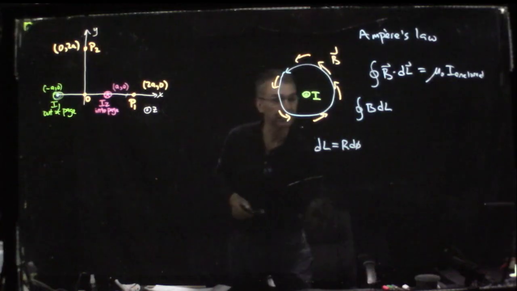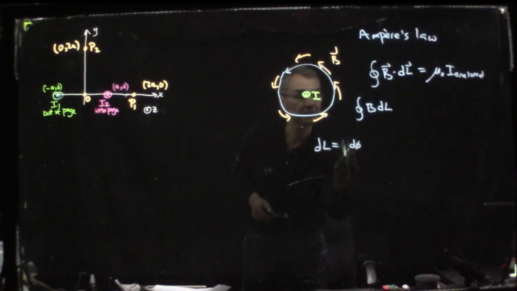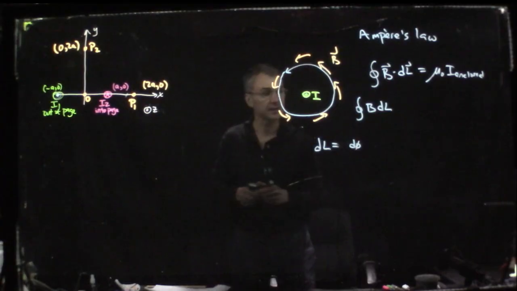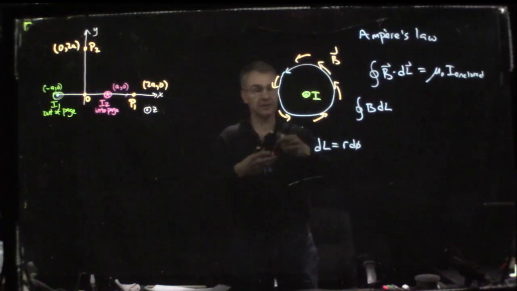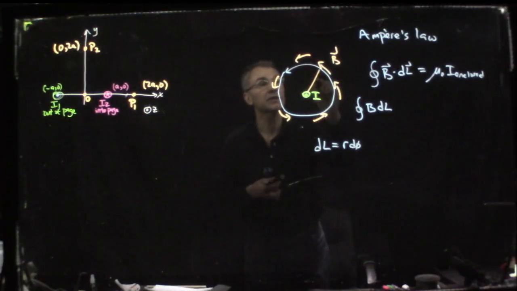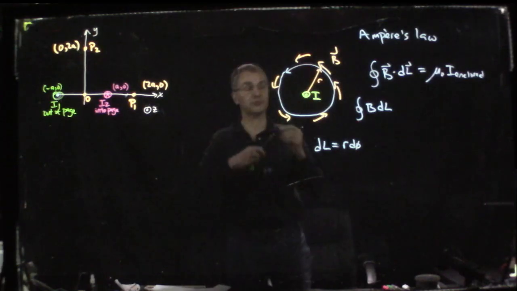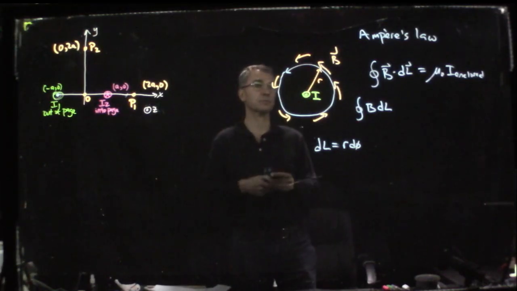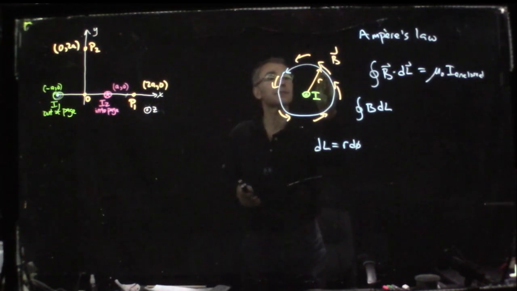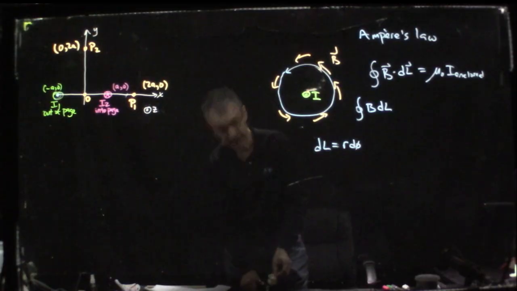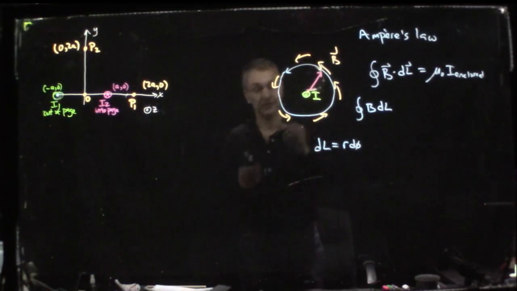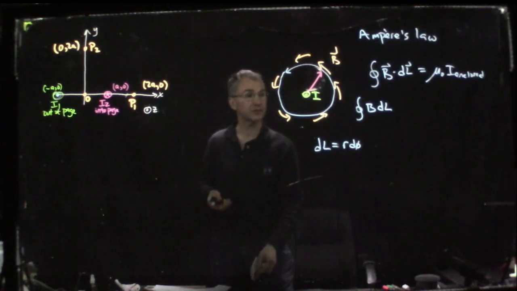And actually I think I'm going to make it a lowercase r, because it's not really a constant of the geometry. This is going to be evaluating it at some distance r out from the current, out from the wire. And maybe I'll do this in a different color so it's distinguishable from the current, the magnetic field and the integration path.